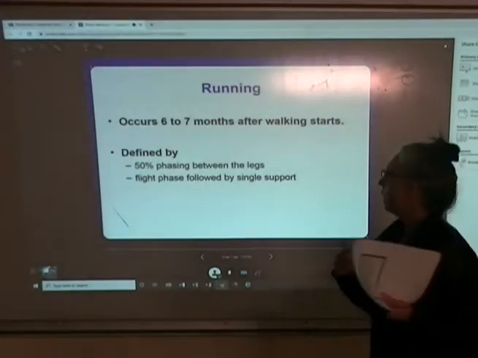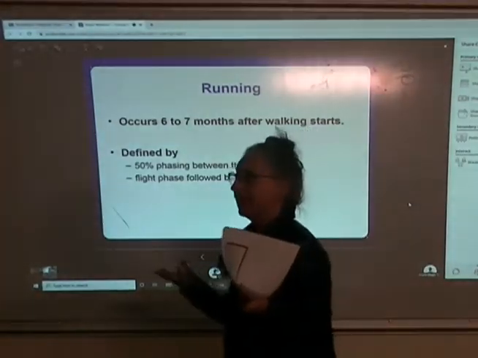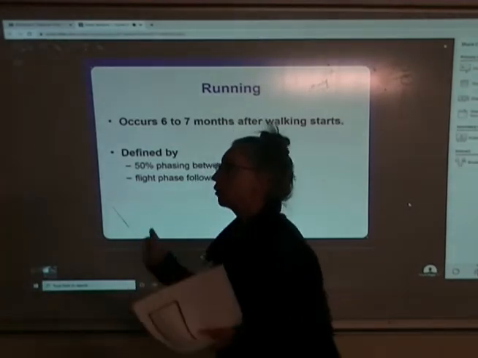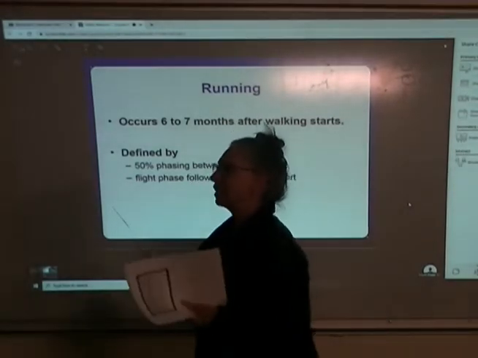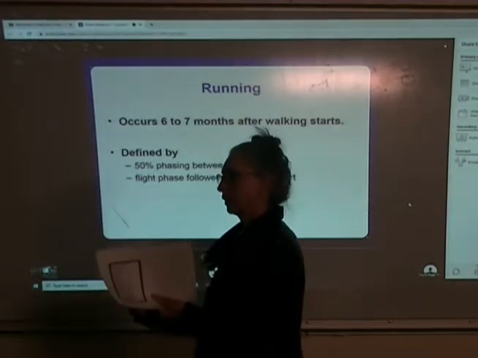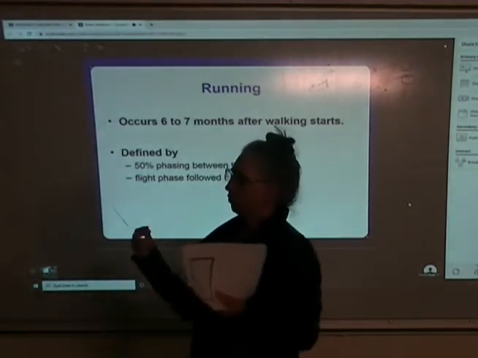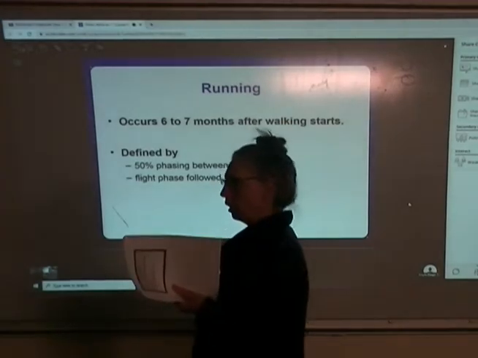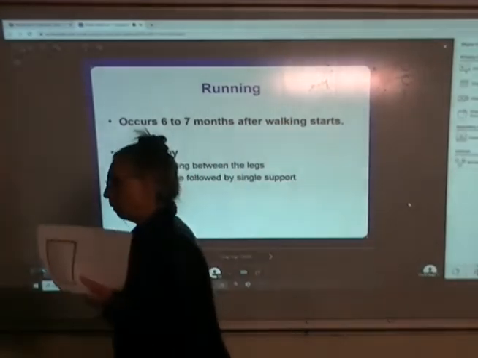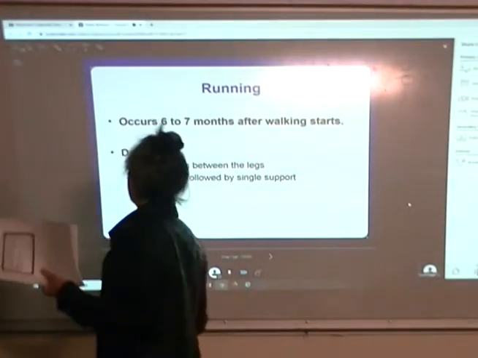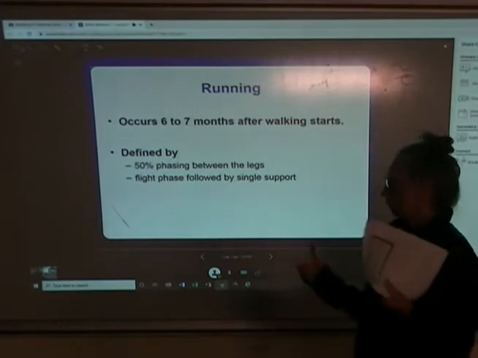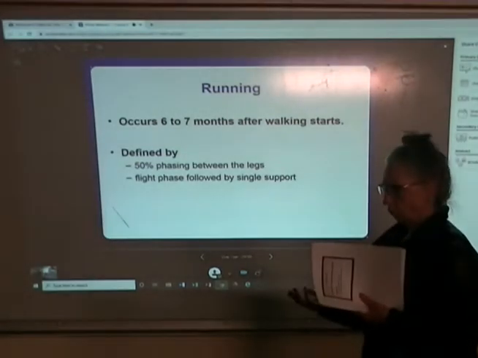Similar to walking, it's defined biomechanically by a 50% phasing. So remember, that means that each leg does half of the motor pattern to achieve the skill. All right? The difference between walking and running, if you remember, walking has a double support phase followed by a single support phase. Running has a flight phase followed by a single support phase.